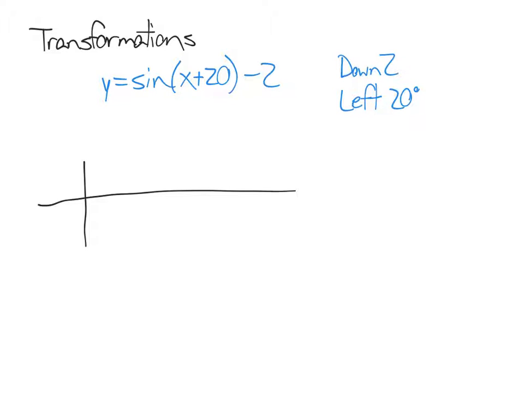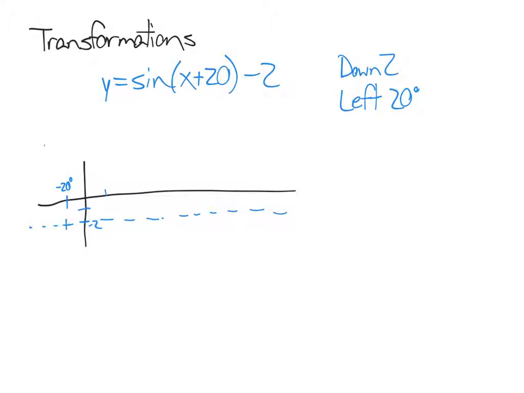Okay? So, here's negative 20. Here we are going down to negative 2. So this is where the origin is. And remember, if you draw that midline, that will help you as you do the rest. Now, before you put any points on here, you need to figure out the values that you're going to need.